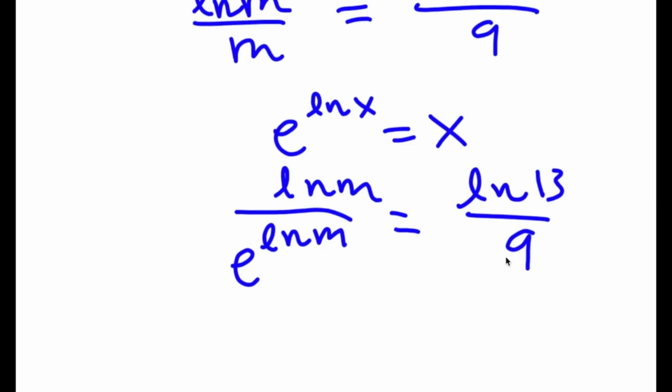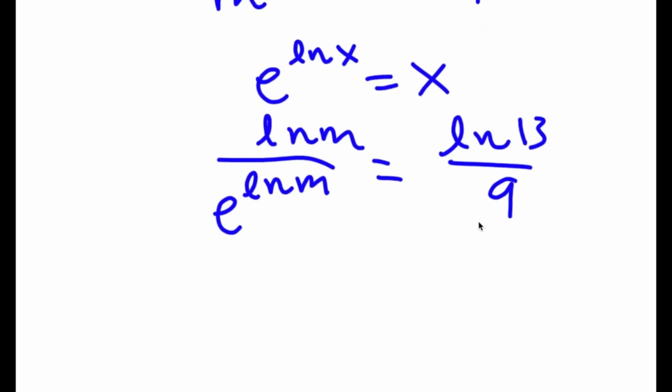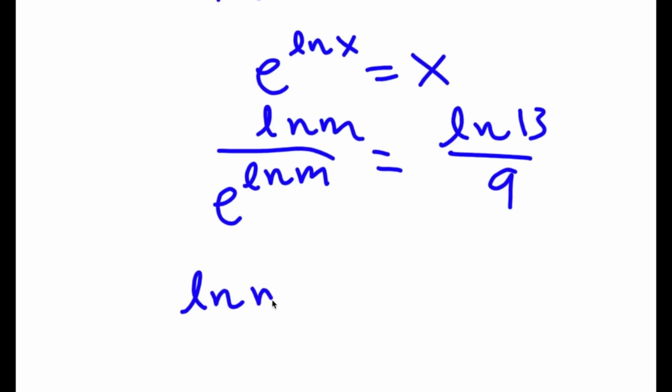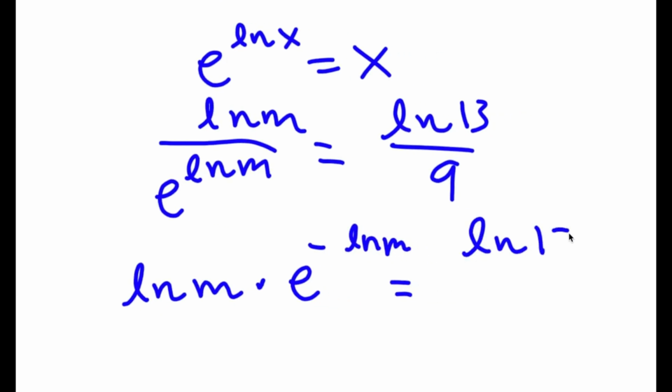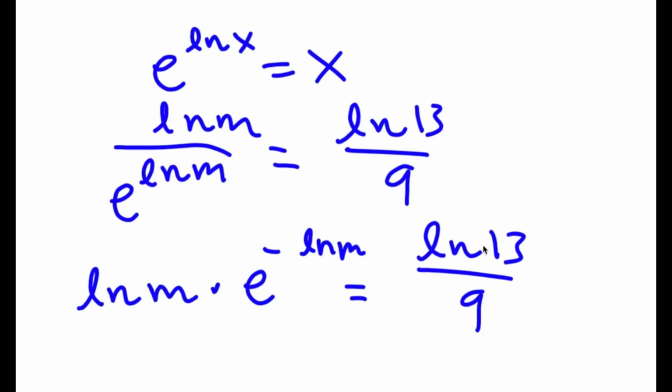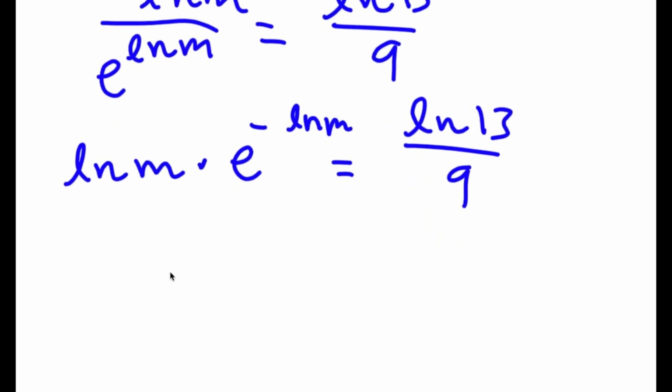Now I have ln m times e to the power of negative ln m is equal to ln 13 over 9. Because a negative exponent, let's say I have a to the power of negative m, is equal to 1 over a to the power of m.